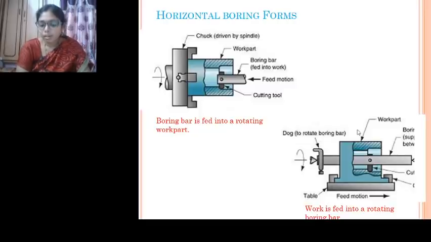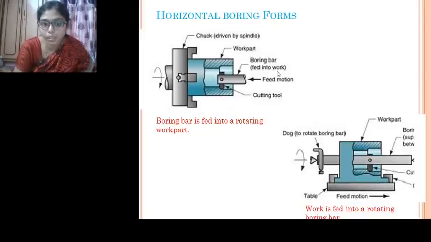Okay. Now coming to the different types of boring machines. Here we have different types of forms. How do we do the boring operation? The present one what you have seen is the workpiece will be rotated and the tool will be given feed motion. This is one type of boring where the work part will be rotating and the feed will be given to the boring bar.